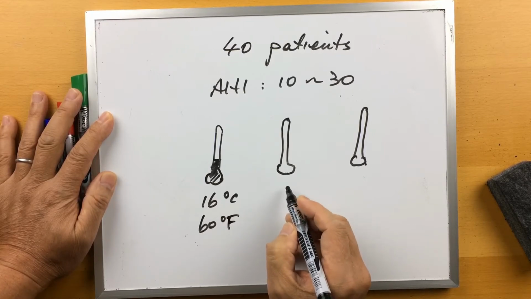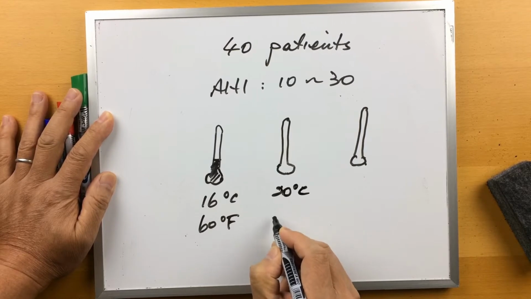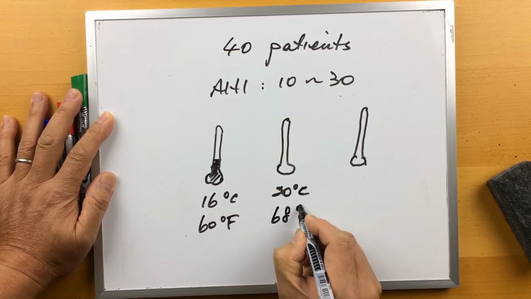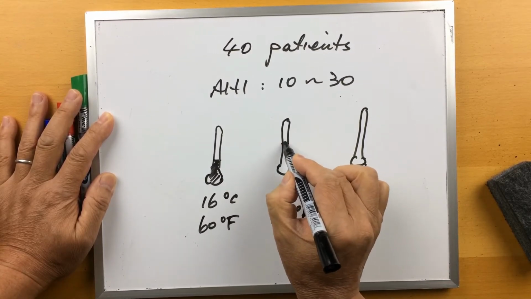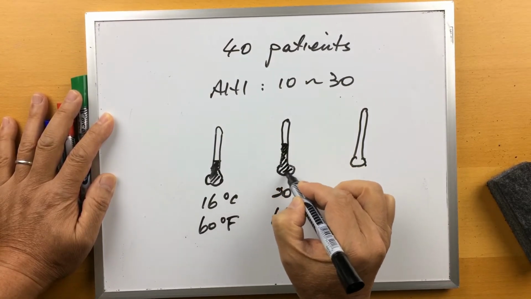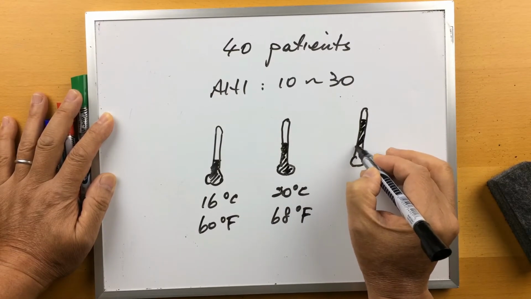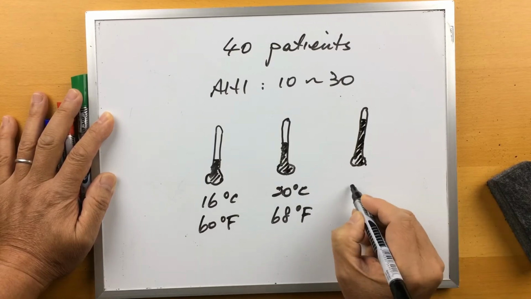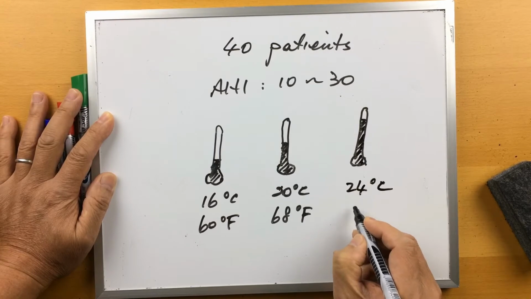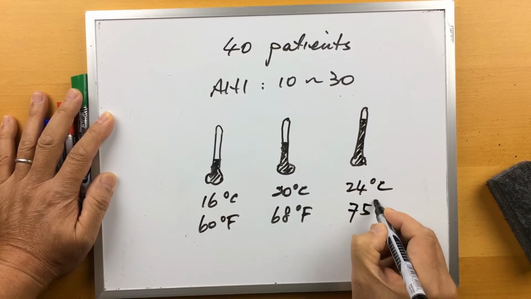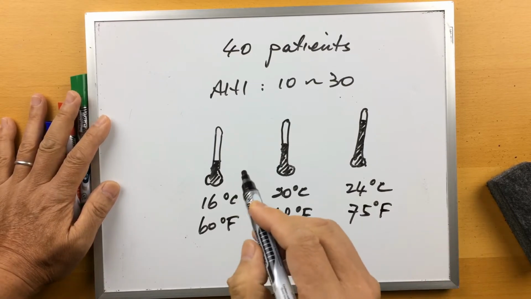The second one was 20 degrees Celsius, which is about 68 Fahrenheit. So this is a little higher. And the third one is even higher. This is 24 degrees Celsius, and it's about 75 degrees Fahrenheit.